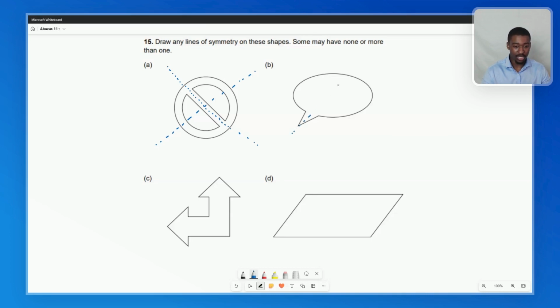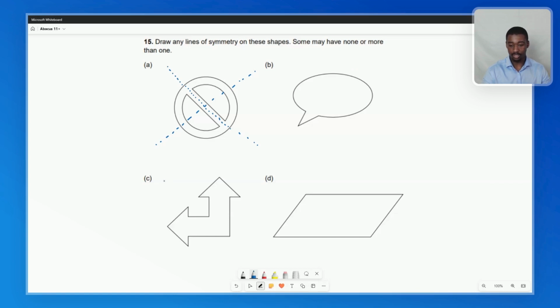Perhaps you could argue for this line here, but these 2 sections of the shape don't really seem equal enough for us to fold over one section and for there to be no overlaps. And therefore for B, I would say there are no lines of symmetry, no lines where we can fold the shape over those lines and there will be no overlaps. So let's leave B with nothing.